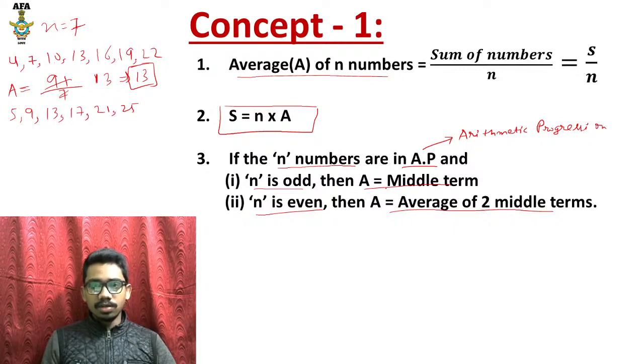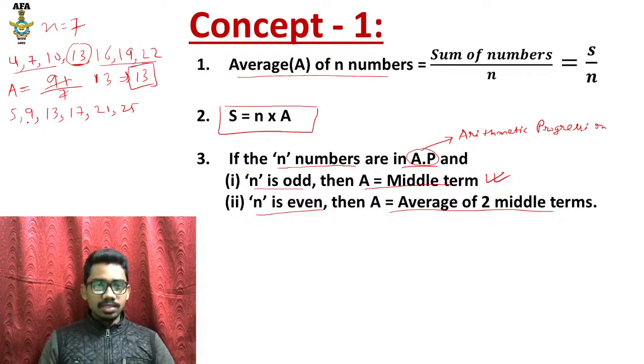If n is odd, then average is the middle term. Just remember this: when n is odd and the numbers are in AP, arithmetic progression, then the average equals the middle term. Three terms are on this side and three terms on that side, so the average is 13.